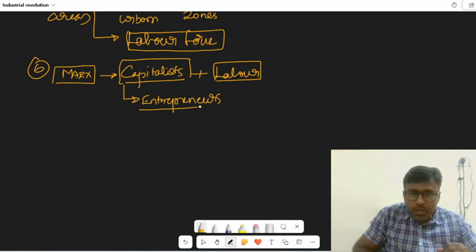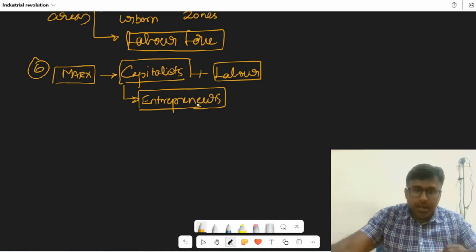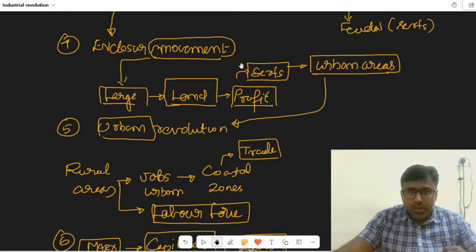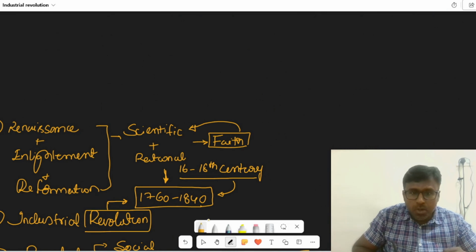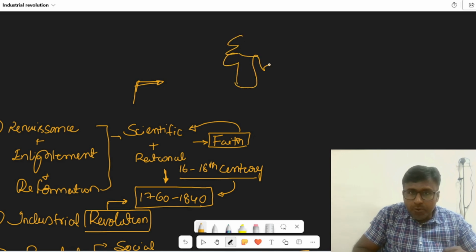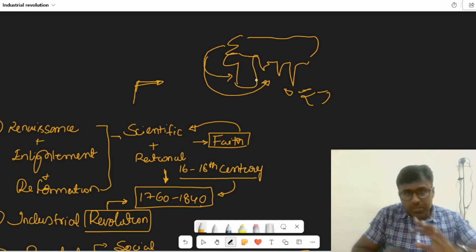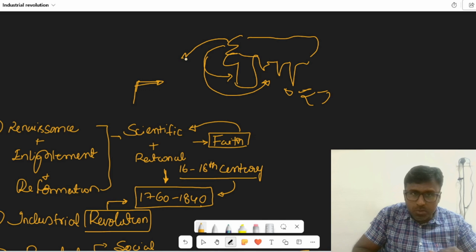Think about it: the scientific and Renaissance movement gave rise to people from Europe going to different colonies. First they were not called colonies. They went in pursuit of land. The point is that as a result, they were able to make trade.